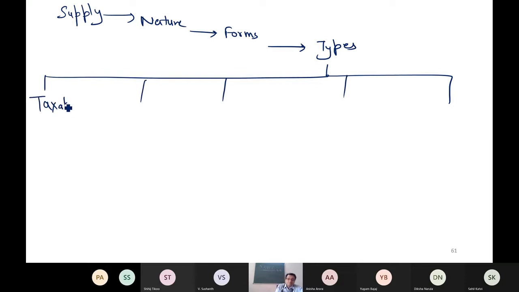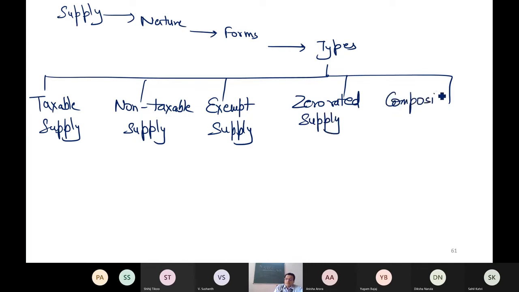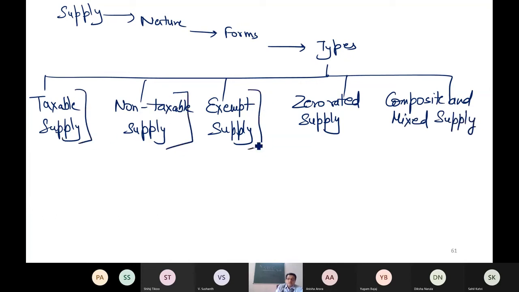Taxable supply, non-taxable supply, exempt supply, zero rated supply, and composite and mixed supply.